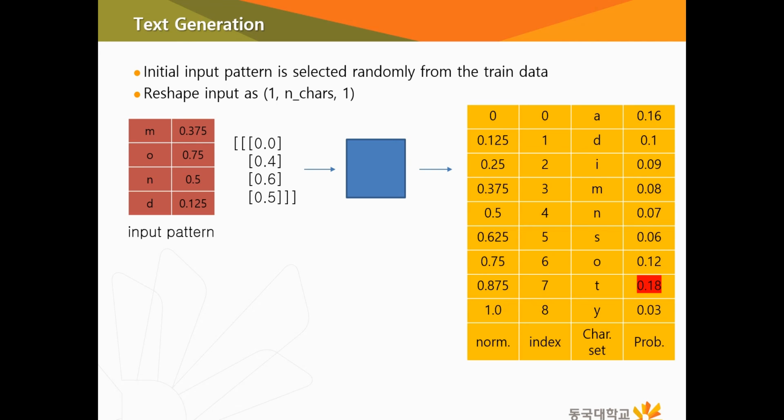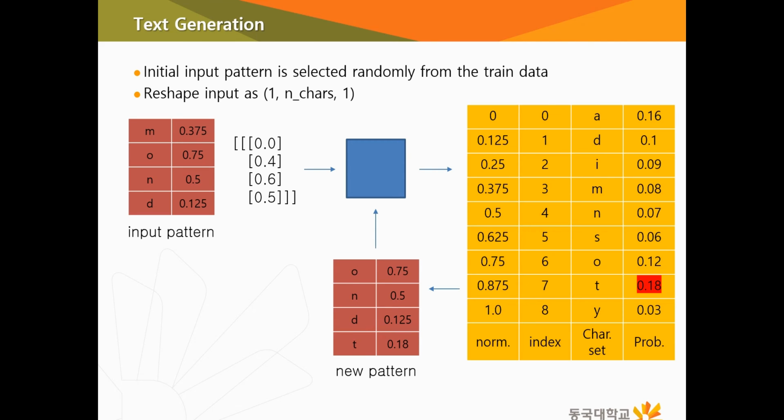In this case, the character t has the highest probability at 0.18, 18%, and the normalized value for the character t is 0.875, which is the number 7 divided by the length of the vocabulary, which is 8, and the new pattern is passed to the model, and this process is repeated until it generates the number of characters that the user set.